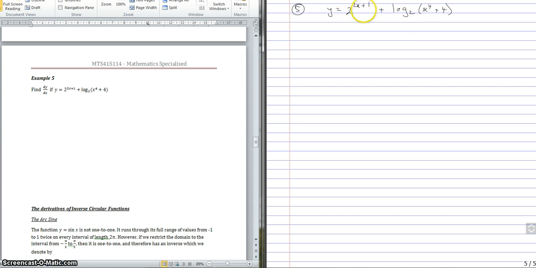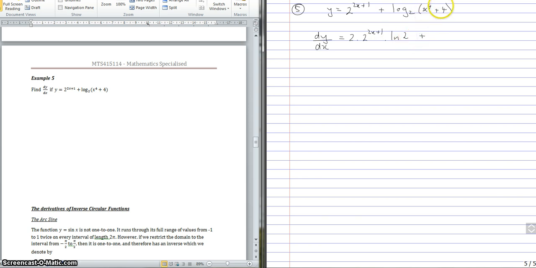So we can treat these functions separately. Okay, so dy dx, the derivative of this, we need to multiply the derivative of the power, because it's a composite function. That's 2 times, and now this part is 2 to the 2x plus 1 times the natural log of our base here, which is 2.